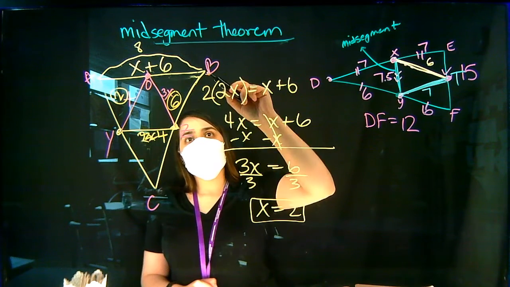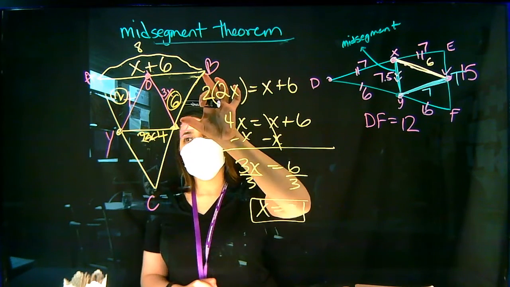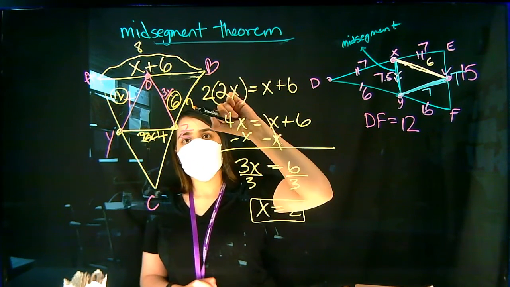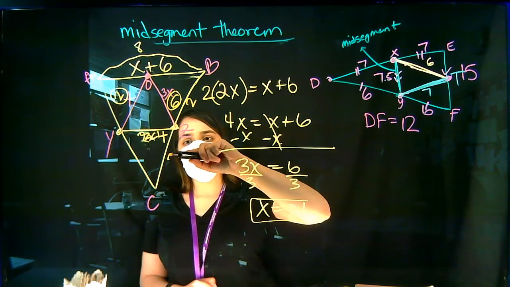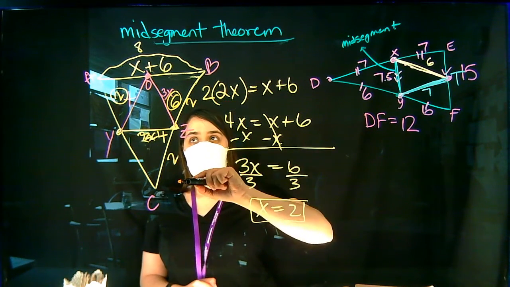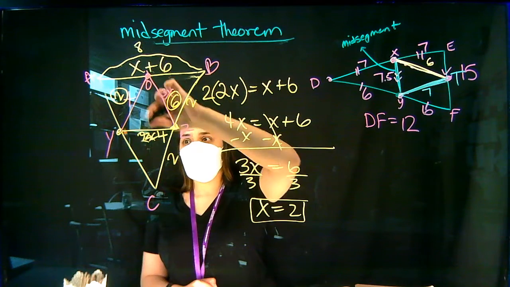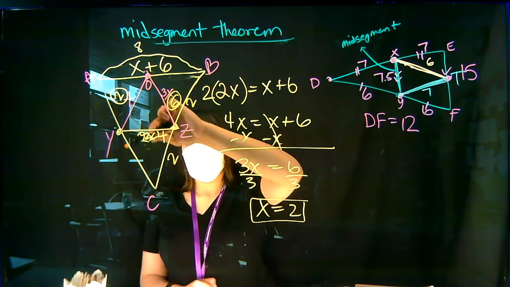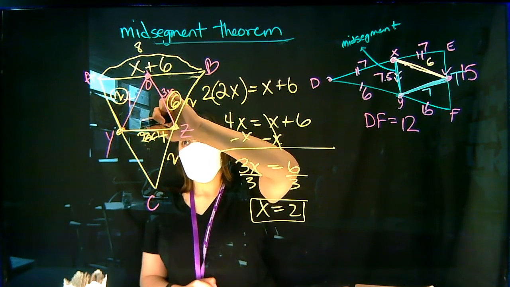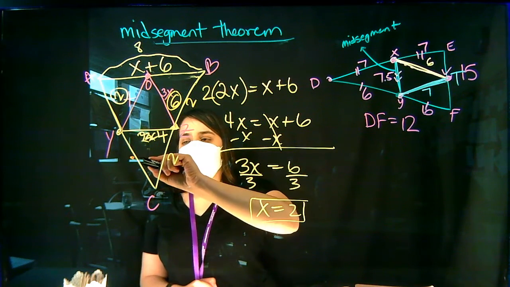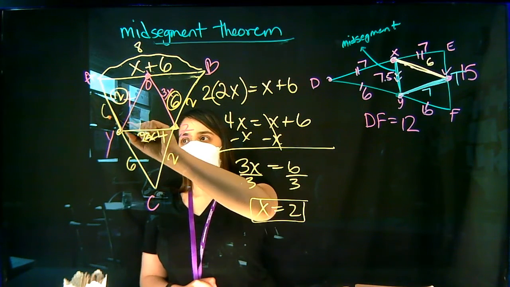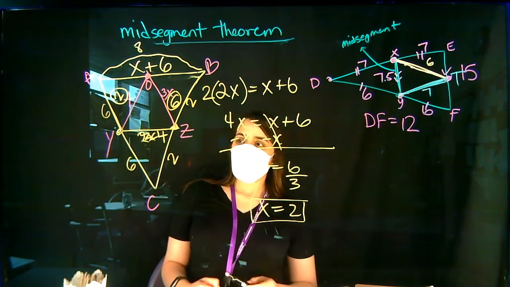Then I can figure out this right here, because this is equal to the mid-segment. That's 2. This is also 2. This side is 4. This side is 8. Now what is this side? What is this right here, guys? This entire thing is 12, but this is what? 6 and 6. Isn't it beautiful?